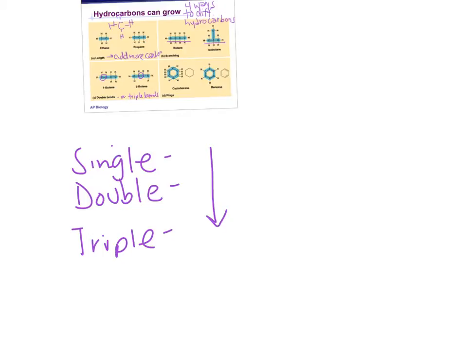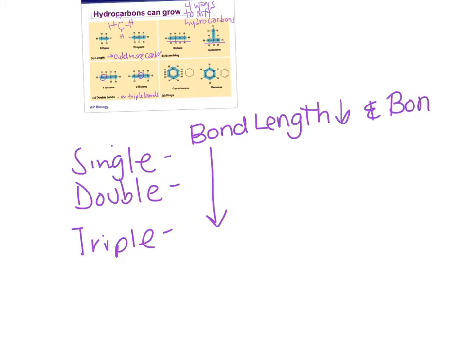If it's a single bond, carbon has single bonds, double bonds, or triple bonds. As you go down, you get shorter, that's right, bond length decreases and bond strength increases.